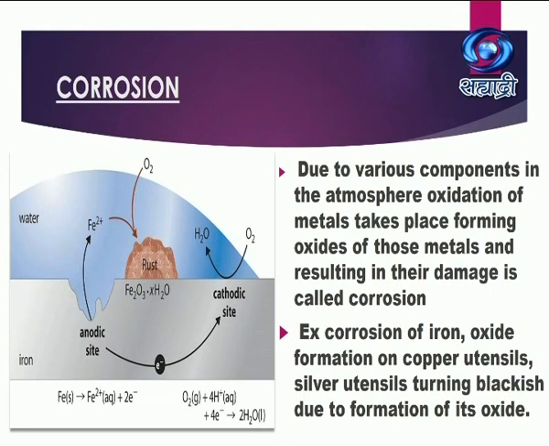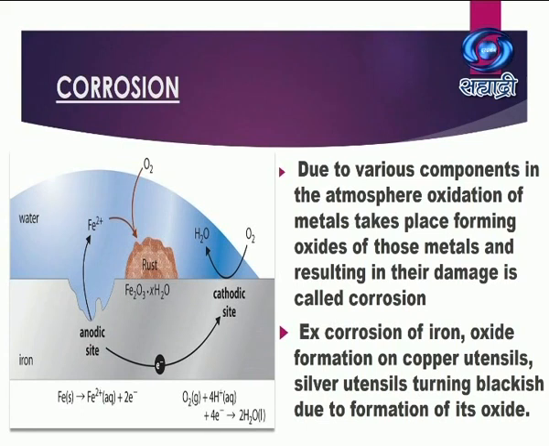Here, iron loses electrons and becomes Fe2+. Now, this released electron flows through the metal surface towards the cathode region. Here, they reduce oxygen and water molecule is formed. You can very well observe it in the diagram. This process continues and oxygen is further reduced to form OH- ions.